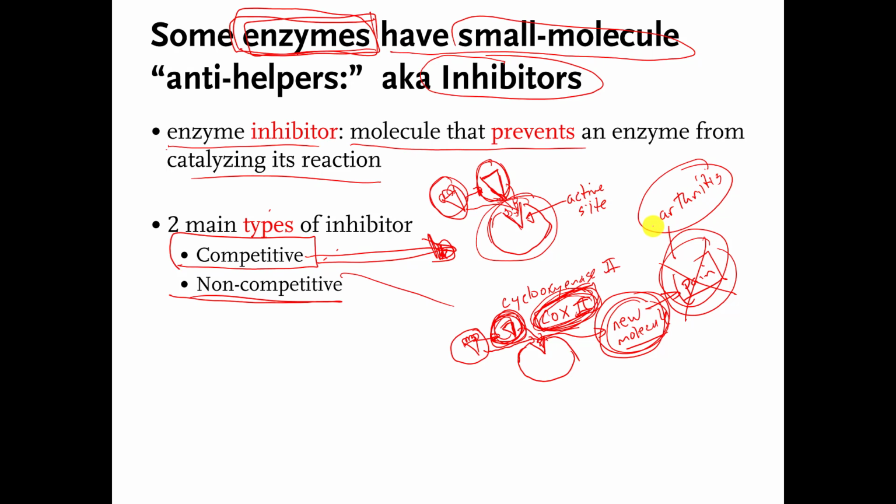There are many molecules that work like this, and they include aspirin, ibuprofen, Aleve, I forget what Aleve is, maybe that's ibuprofen. Aspirin, ibuprofen, Celebrex, there are many different medicines that we actually take that are competitive inhibitors for COX-2, and this is how they work.